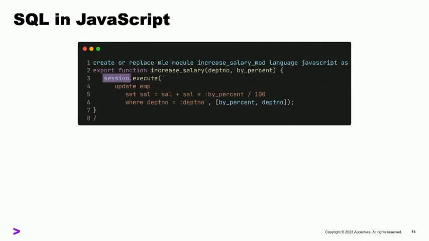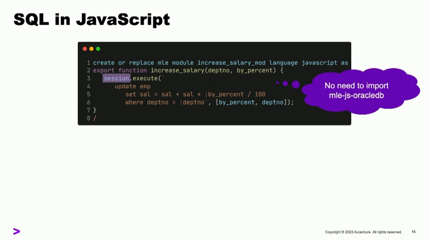But we can also do SQL in JavaScript. So yeah, we want to do that. Here's an example. And the interesting thing here is you don't need to import the Oracle driver, the one used in the database. It's already imported.